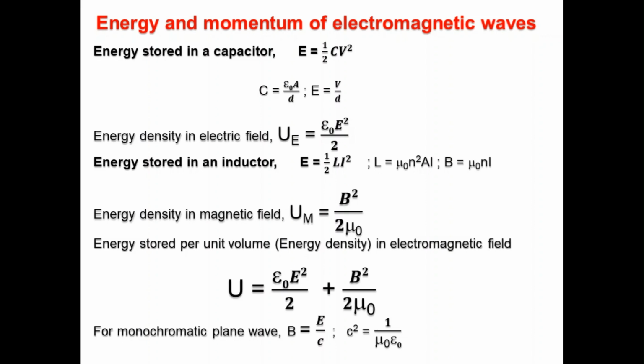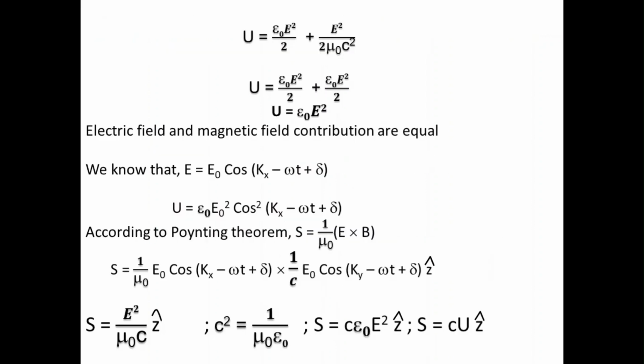So now, the energy stored per unit volume in the electromagnetic field: we just add these two, the electric field component and the magnetic field component. For a monochromatic plane wave, we know B is equal to E upon C. And we all know that C is equal to 1 upon under root mu naught epsilon naught, or C square is 1 upon mu naught epsilon naught.